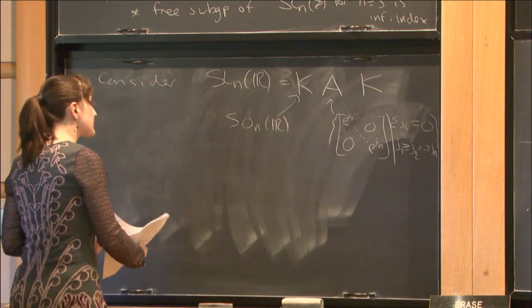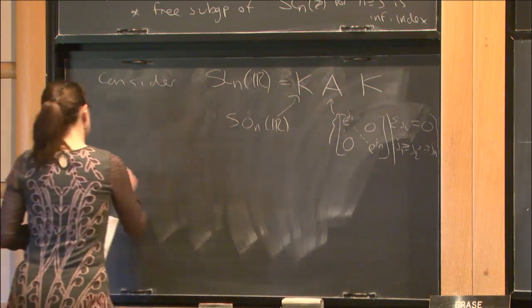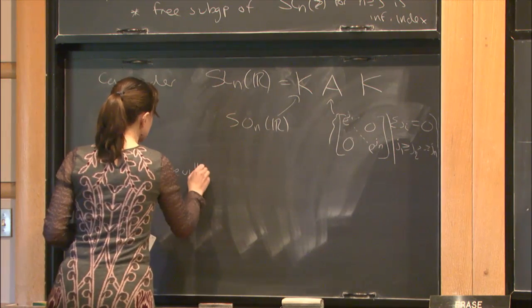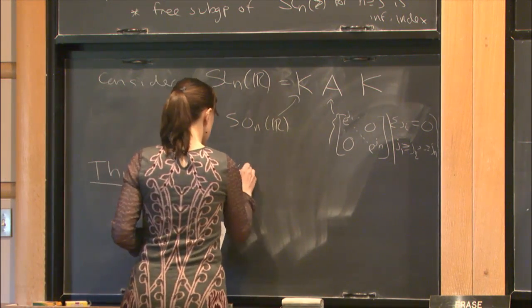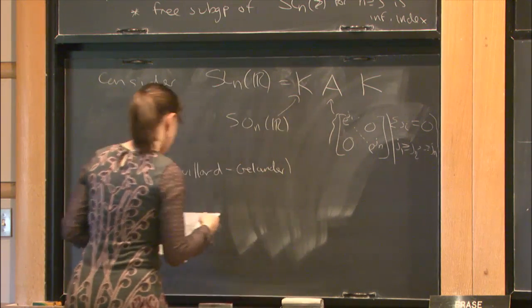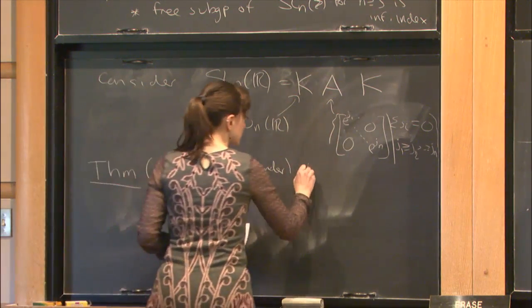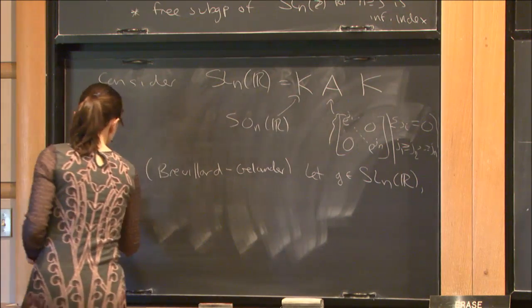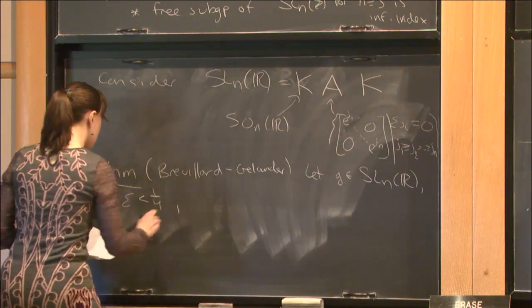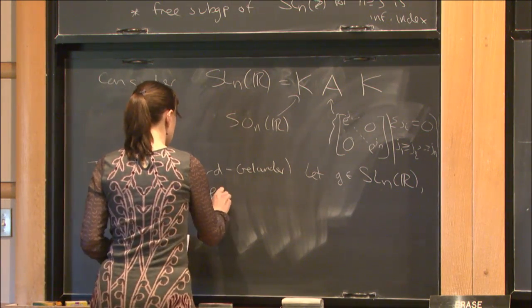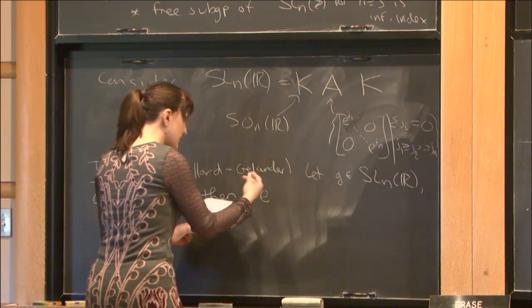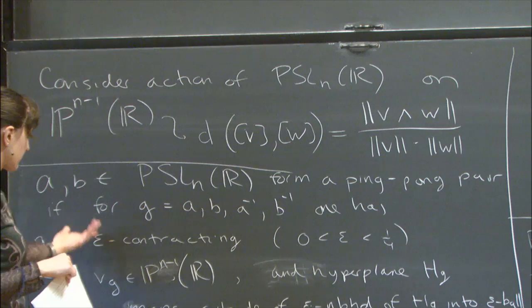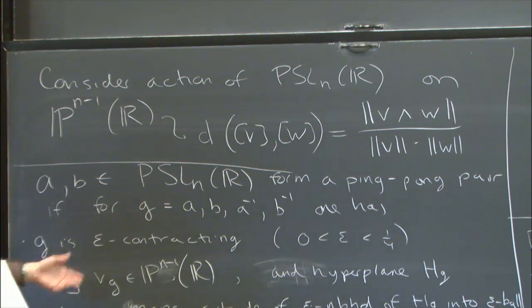So in this language, what Breuillard and Gelander show, and I'll sketch out one direction of this theorem because it's going to be instructive, is that if you have a G in SLnR and an epsilon between 0 and a quarter, then this is going to give you a necessary and sufficient condition for G to be epsilon contracting.